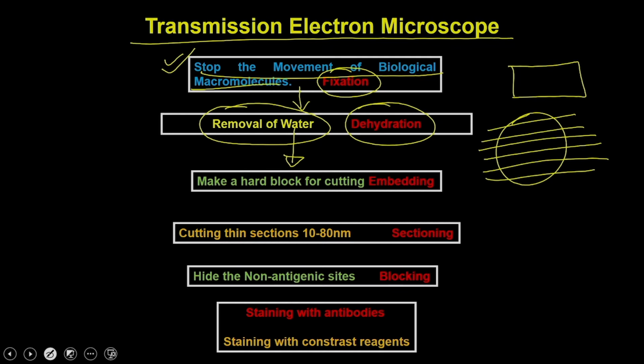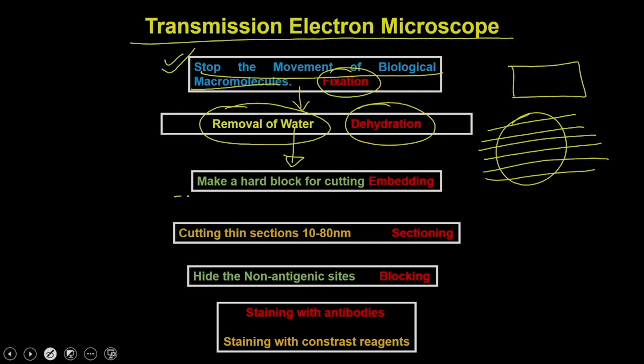So you have to make thin slices, illuminate them, and collect the electrons coming through the object, and that is how you can reconstruct the images.